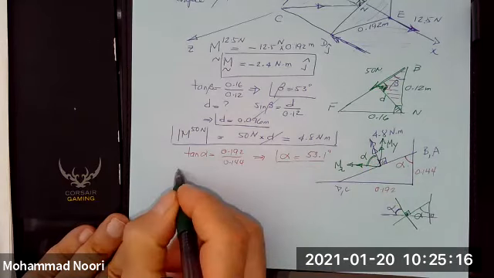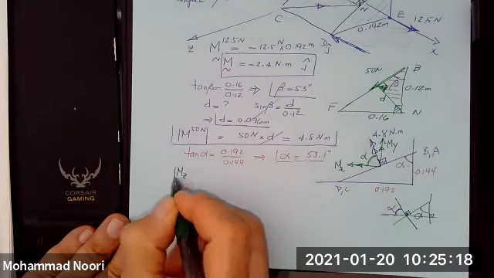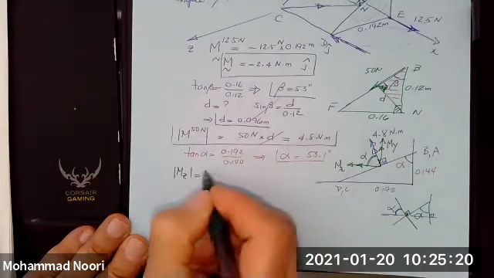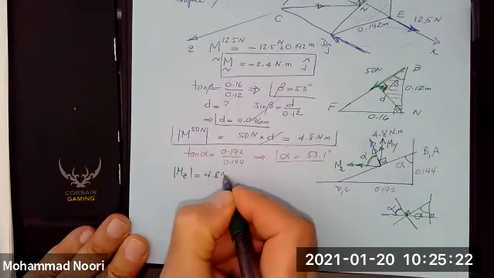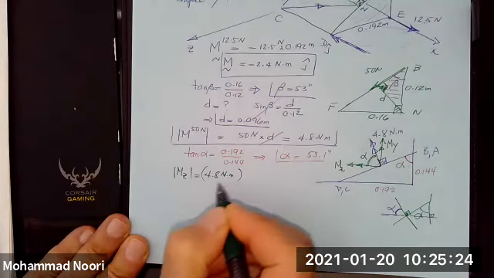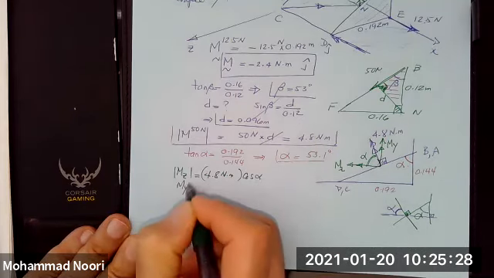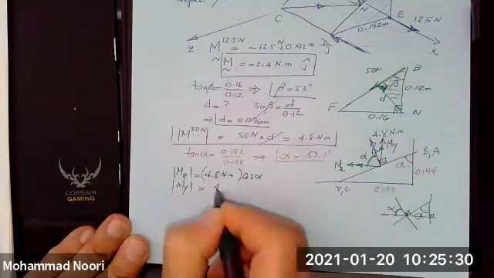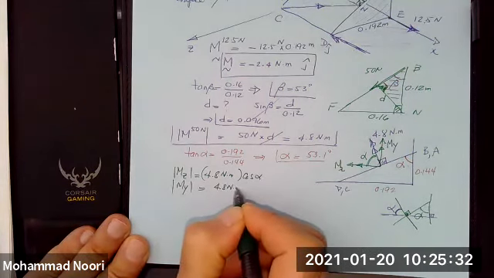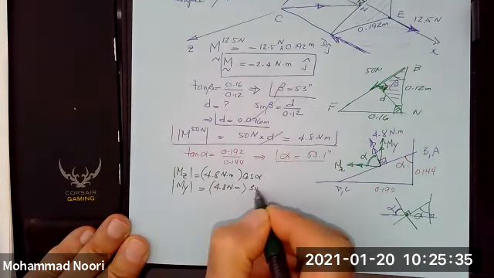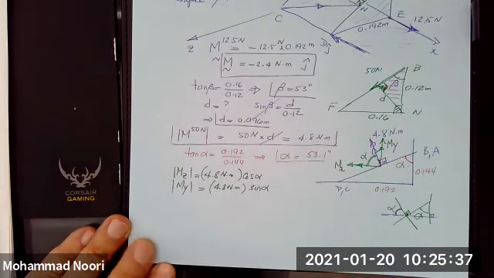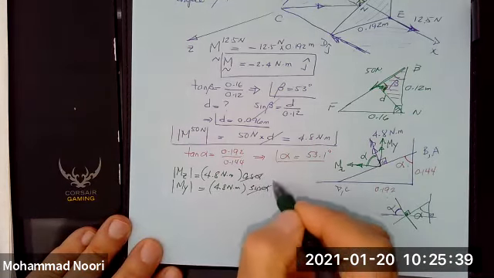So mz, its magnitude, would be that 4.8 Newton meter times cosine alpha, and m sub y would be 4.8 Newton meter sine of alpha.